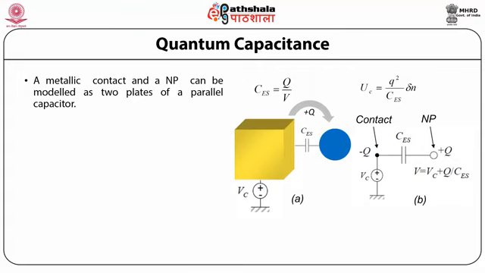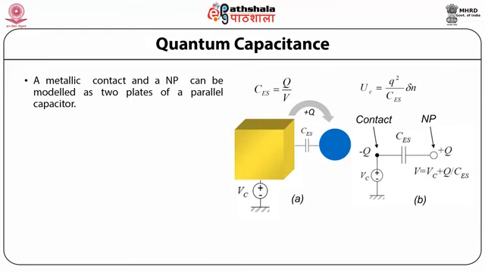The transfer of electrons from the contact to a nanoparticle leaves a net positive charge on the contact and a net negative charge on the nanoparticle, and charging at the interface changes the potential of the nanoparticle relative to the contact.